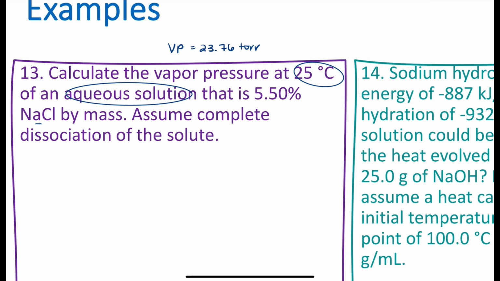Remember what vapor pressure is. Vapor pressure is the particles that have escaped into the gas phase, but we're in a vapor phase, not a gas phase. What's the difference there? Let's think about H2O. Between 0 degrees Celsius and 100 degrees Celsius, we assume H2O to be in the liquid phase.